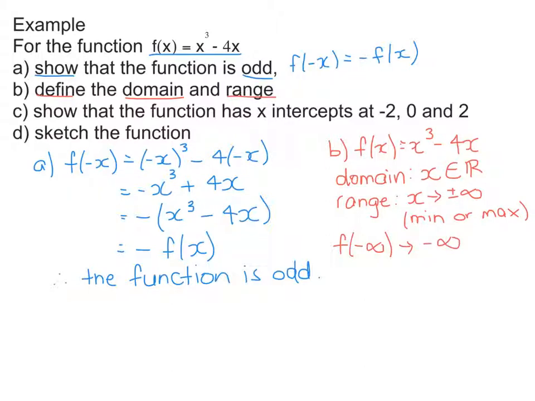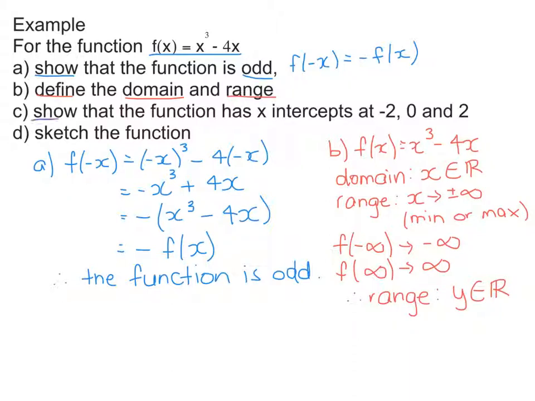And so there is no minimum or maximum value here. Similarly, as we substitute very large values of x into our function, then we result in very large y values. And so again, there's no minimum or maximum value. So the range gives us back all real y, or y also belongs to the real numbers.